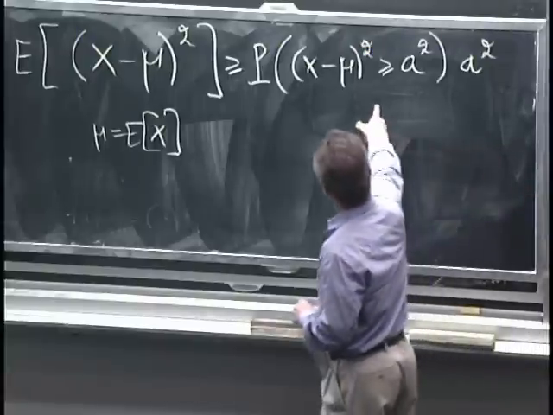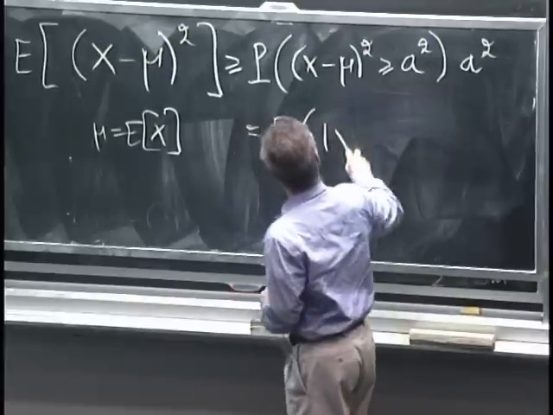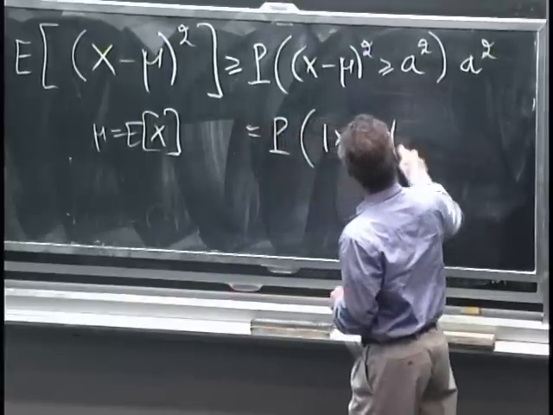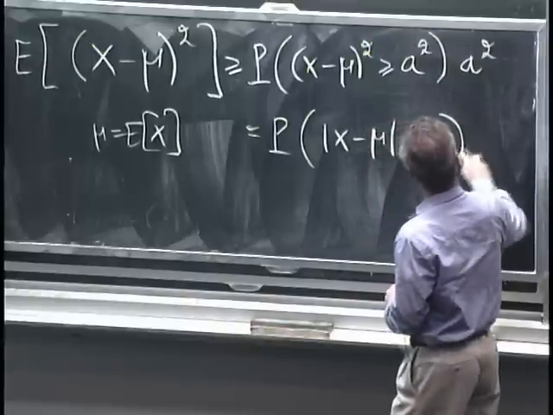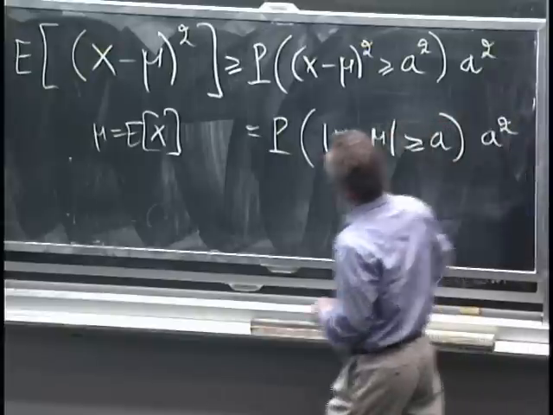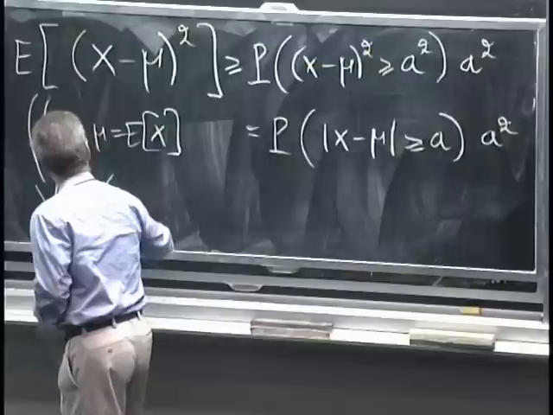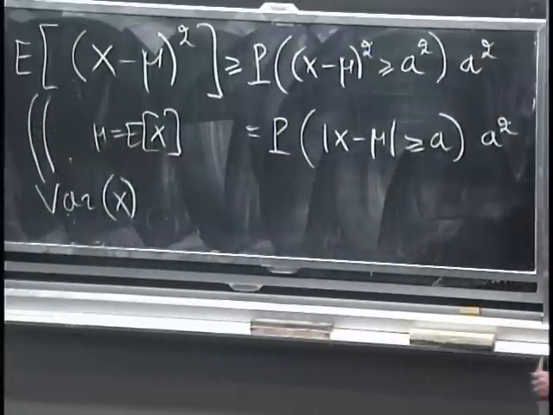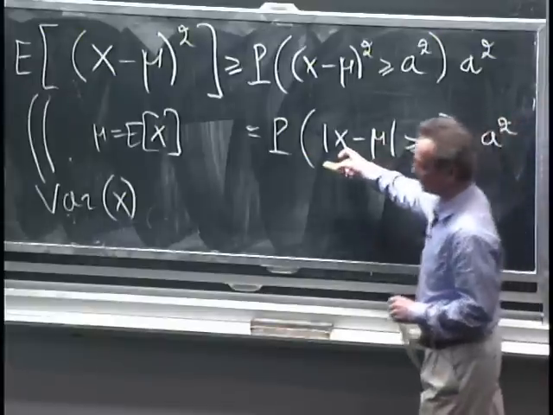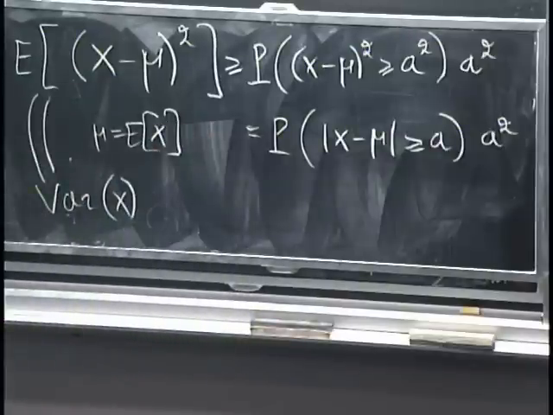So now, of course, this probability is the same as the probability that the absolute value of x minus mu is bigger than a, times a squared. And this side is equal to the variance of x. So this relates the variance of x to the probability that our random variable is far away from its mean.